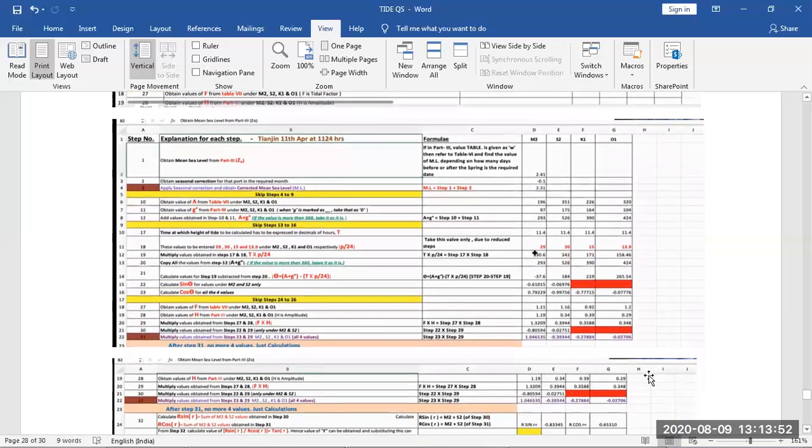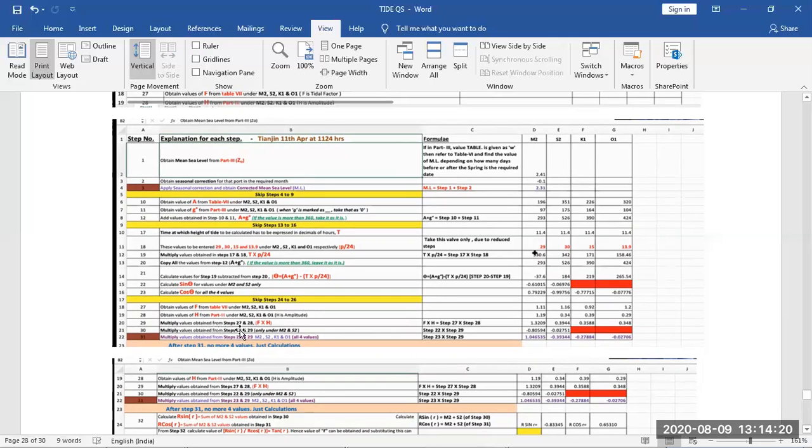Once we have the cos theta values, we go to step 27. We get the tide factor F from table 7 for M2, S2, K1 and O1: 1.11, 1.16, 0.92 and 1.2. Then H is the amplitude from the part 3 harmonic constant table for M2, S2, K1 and O1: 1.19, 0.34, 0.39 and 0.29.